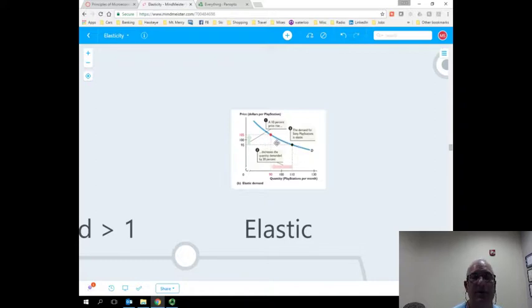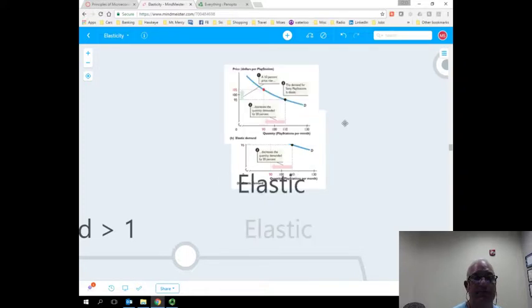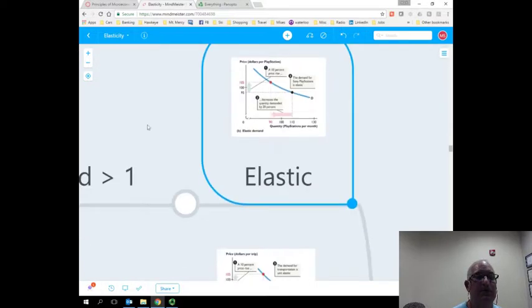Meaning for a little change here, you're going to get a big change here, and that's what this is illustrating. A small change in price results in a big change in quantity. So when something's elastic, the curve is more flat.